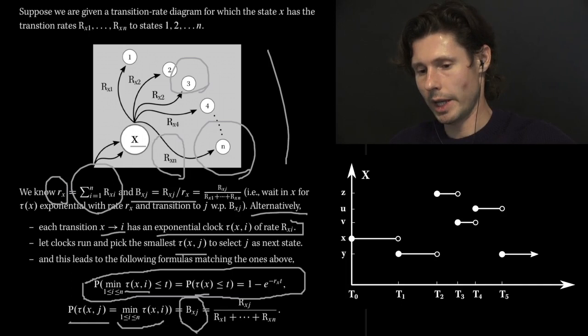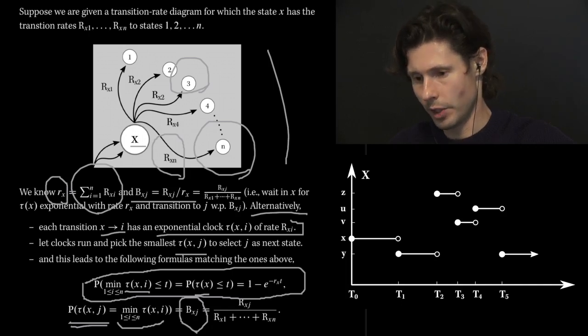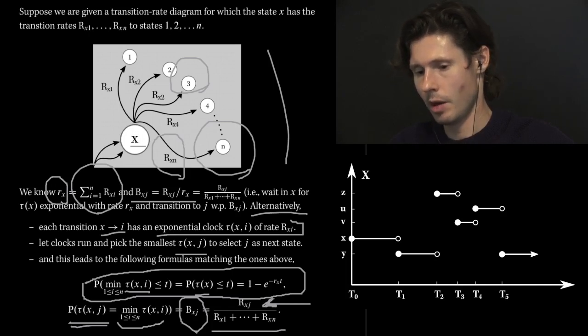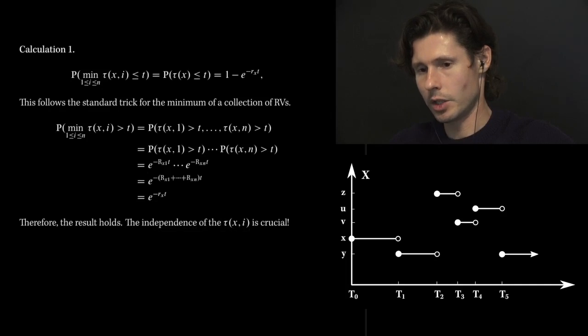The way to select the smallest of n exponential clocks with rates R1 through Rn is to put the rate of the one that won on the top, and divide by the sum on the bottom. And the calculations are identical.